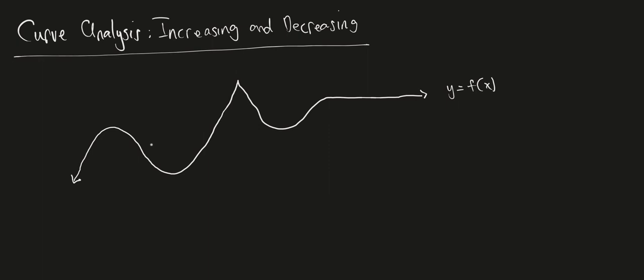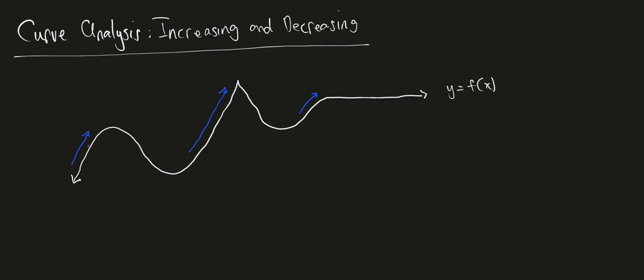So when we talk about increasing and decreasing, we're talking about parts of the function or the graph of the function that are going up, right? So here, here, and then maybe a little bit there, right?